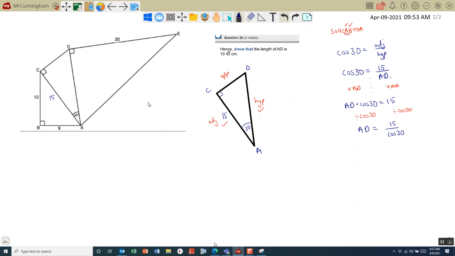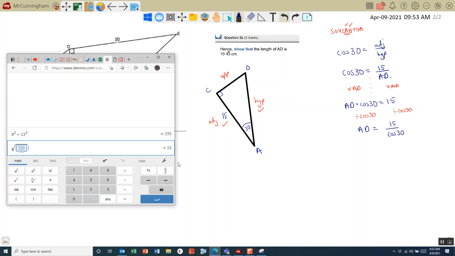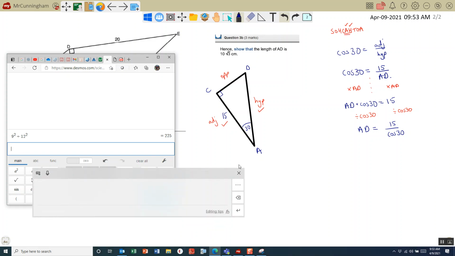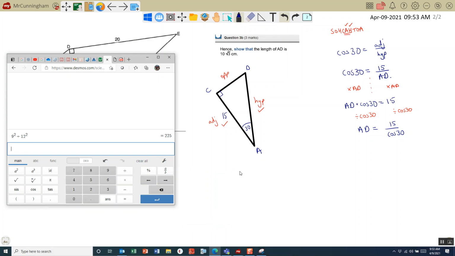Now, unfortunately, you cannot just put this into your calculator. If I put in 15 divided by cos 30, you get 17.32, which is the correct answer, but they want it as an exact value.